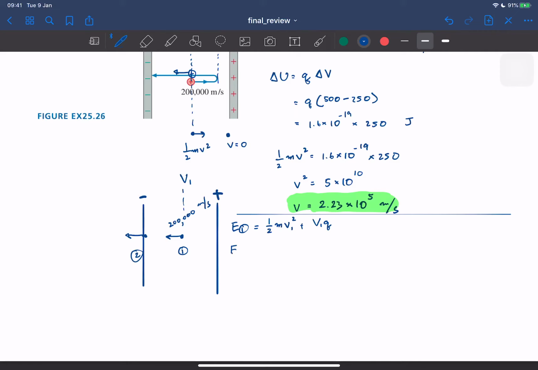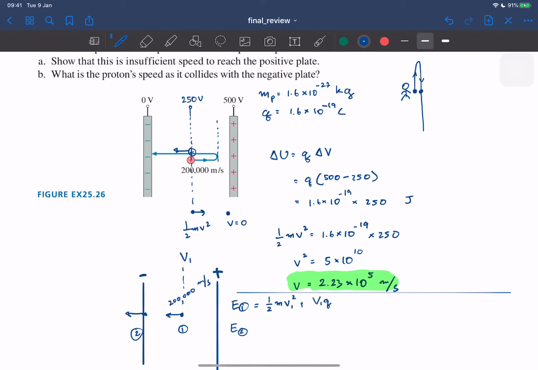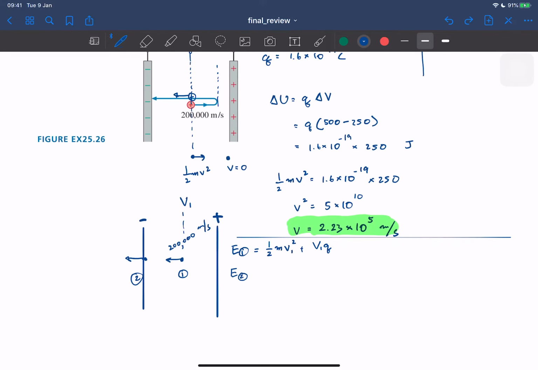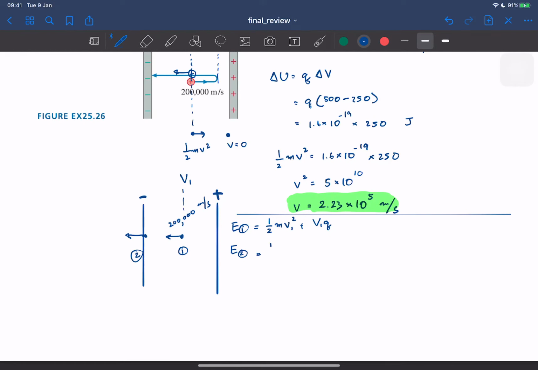And then at 0.2, the potential is 0, so I don't need to write the potential energy. But the kinetic energy is going to be more, so it's going to be 1/2 m v2 squared, where this velocity is v2 and the other is v1. Because of the conservation of energy, they are the same, right?